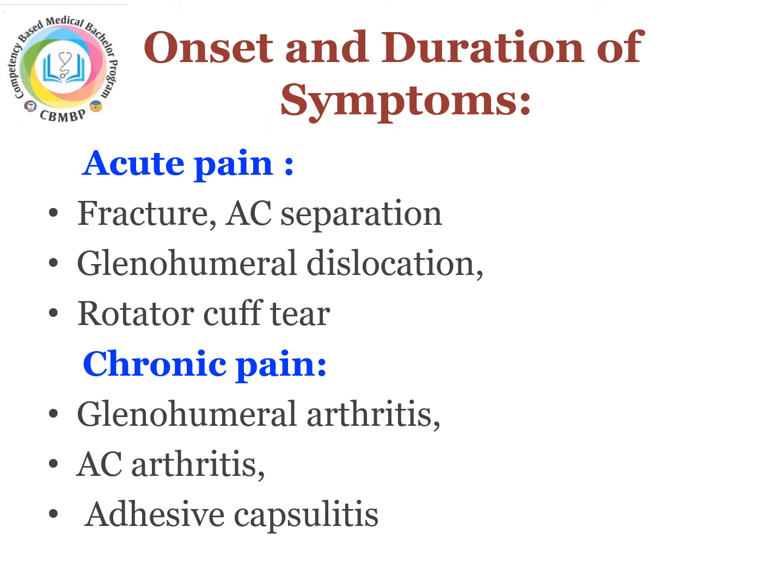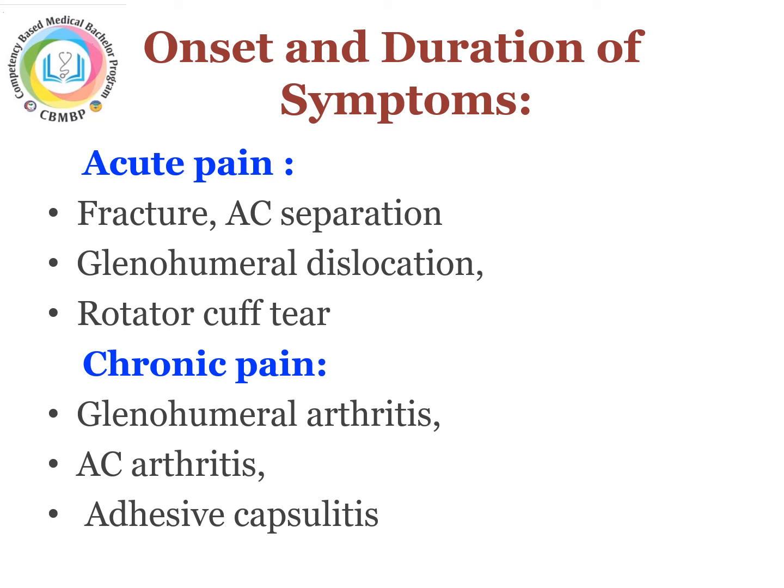What about the onset and duration of symptoms? As we said before, acute pain means that the duration of pain is less than 6 weeks. The causes of acute pain are fractures, acromioclavicular separation, glenohumeral dislocation, and rotator cuff tear. All are traumatic causes of shoulder pain.